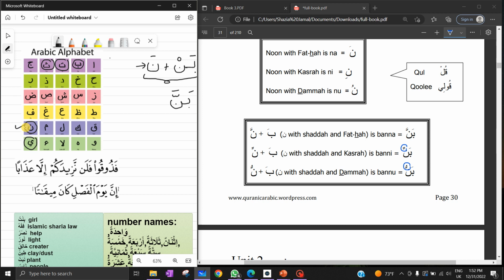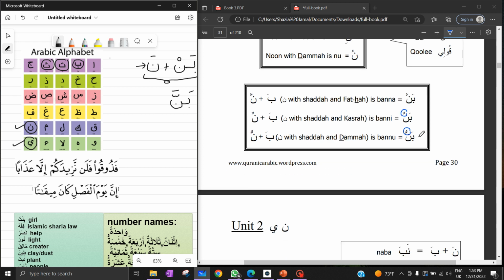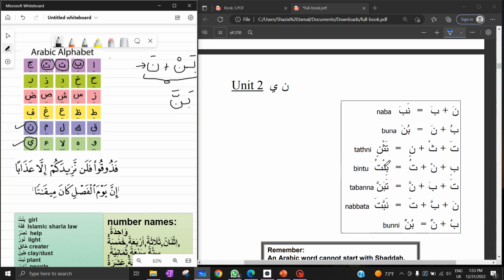The first letter we are learning is noon, which is a light letter, and the second is a consonant letter also and a long vowel also. So first we will do noon, as here we have completed the makharaj or the articulation of noon and how it is read with all the three short vowels and with the shadda and short vowels.